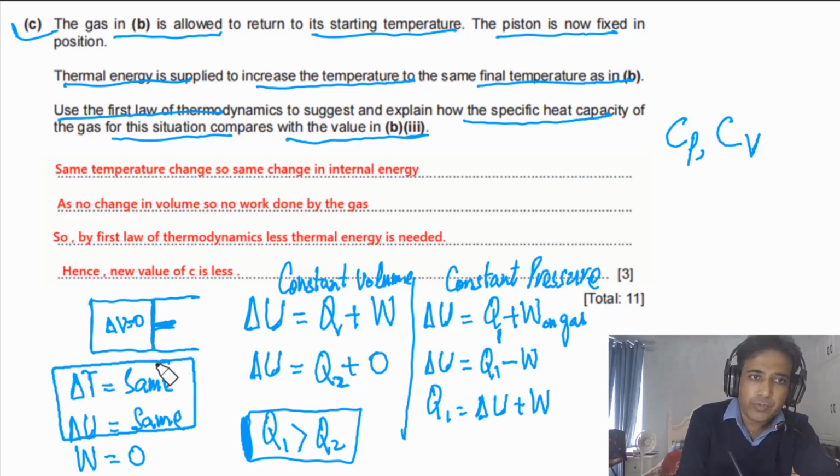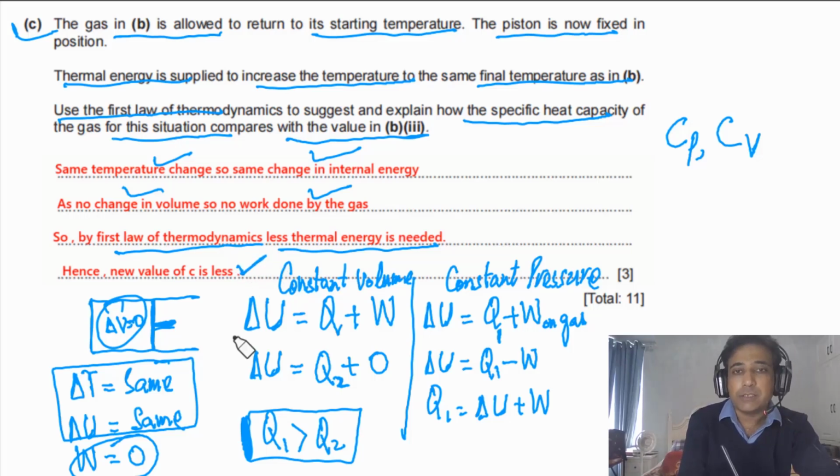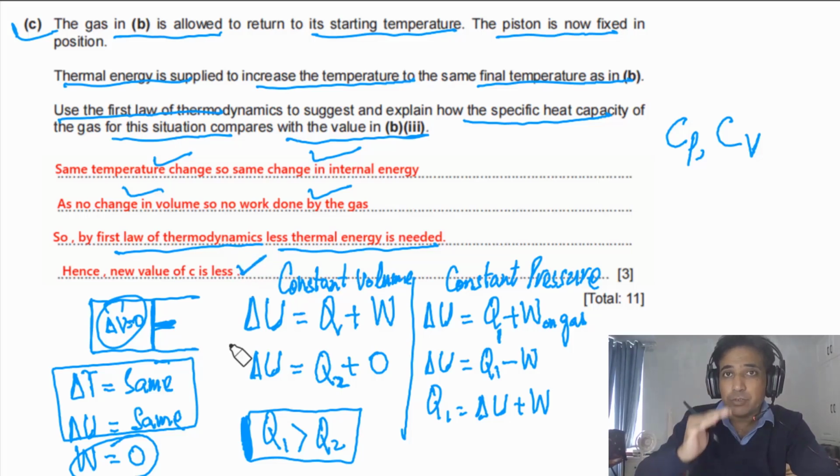As no change in volume, work done is equal to 0. By the first law of thermodynamics, less thermal energy is needed. So Q2 is lower than Q1. So the new value of C is smaller than the previous value.